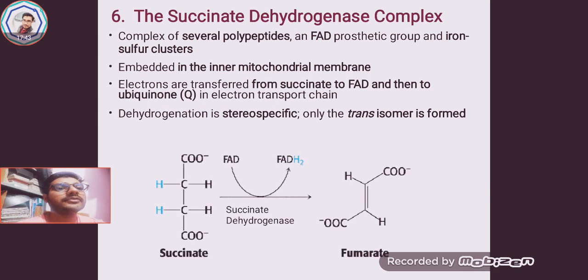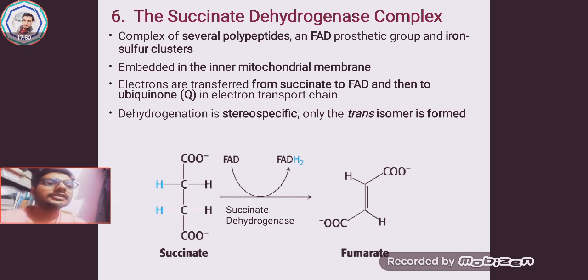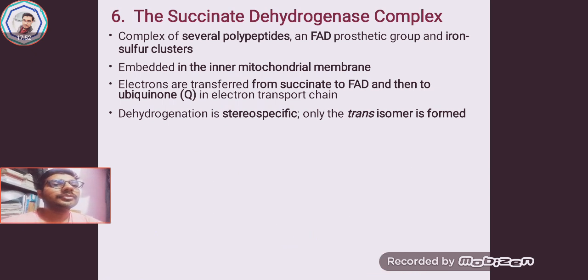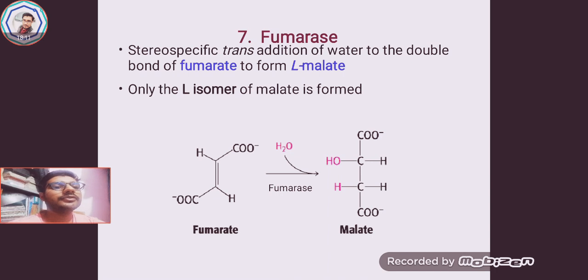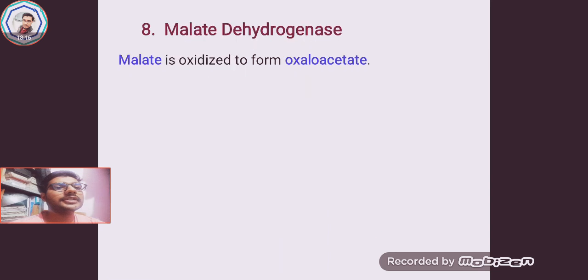Dehydrogenation is stereospecific, and the trans isomer is formed. Succinate gets converted by succinate dehydrogenase into fumarate. If we talk about fumarase, it is the stereospecific trans addition of water to the double bond of fumarate to form L-malate. Only the L isomer of malate is formed. Here, fumarate gets converted into malate using the fumarase enzyme.